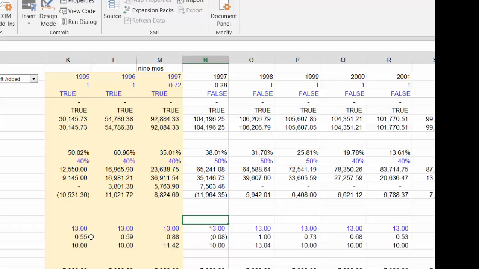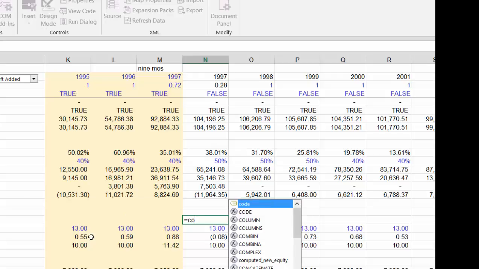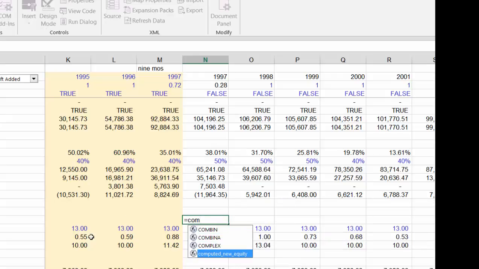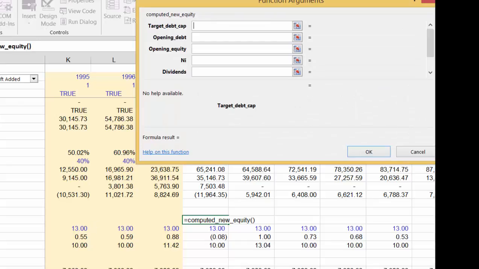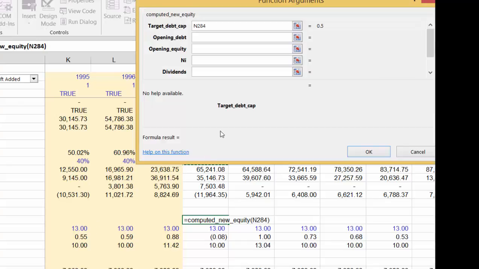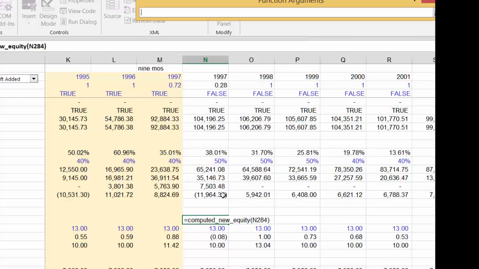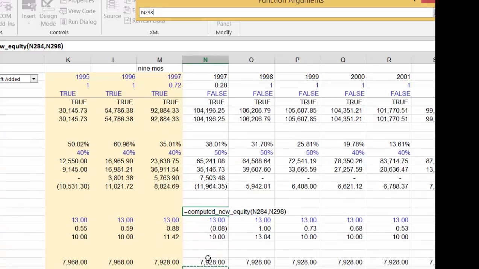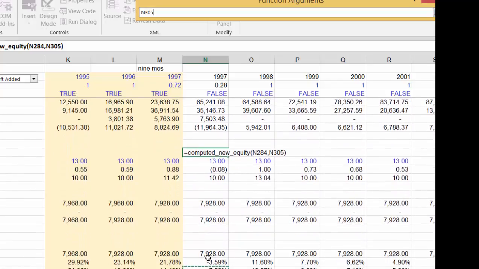I'm saving it again. So our computed new equity is, I can't compute, computed new equity. And remember, what we do then is press Shift F3, and then we get the target debt to capital ratio. And then we get the opening debt. And the opening debt is, where's the opening debt?